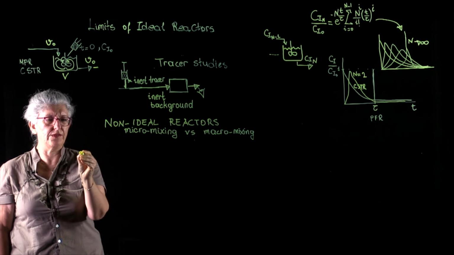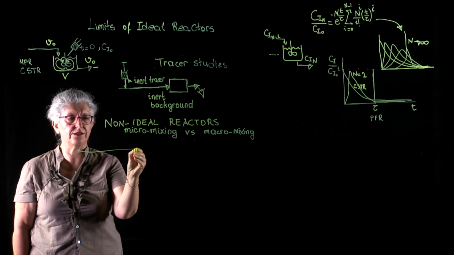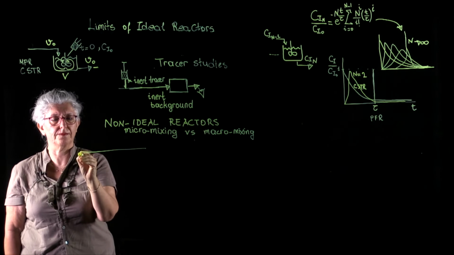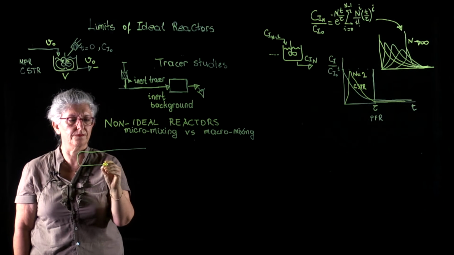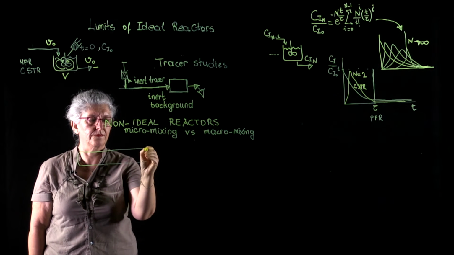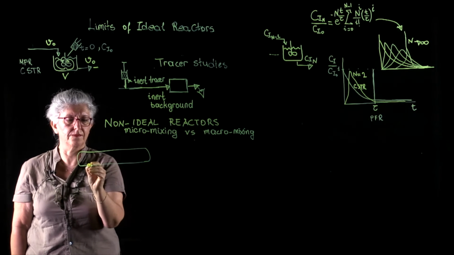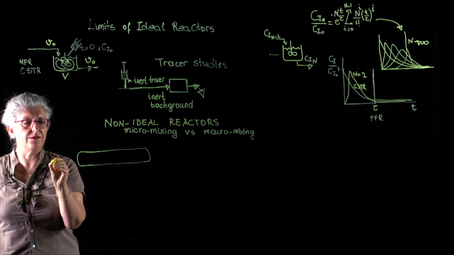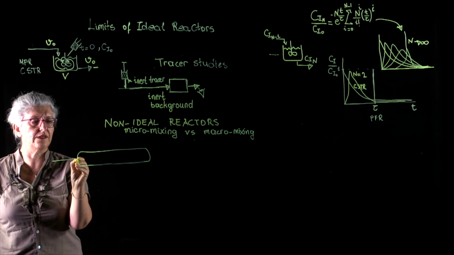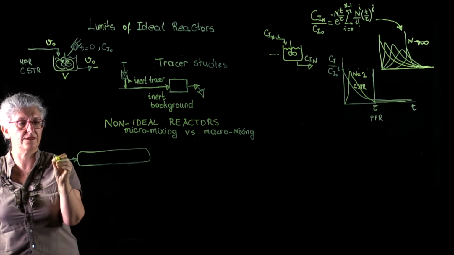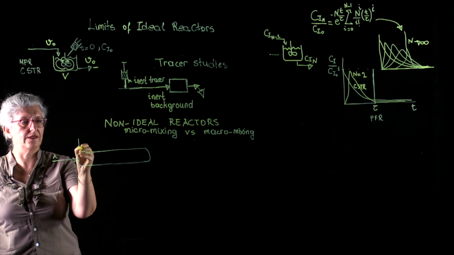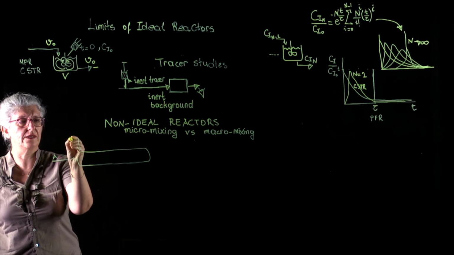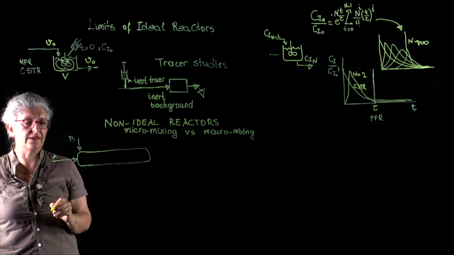Now let us consider a plug flow reactor this time. If we mix our reactants early in the reactor, this is stream A, let us inject stream B at the inlet.